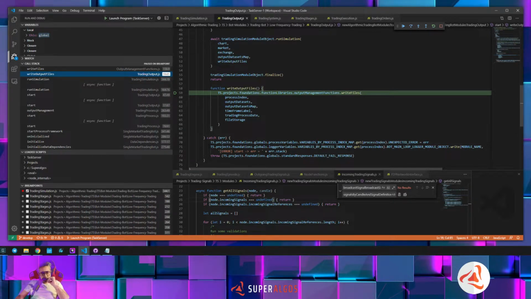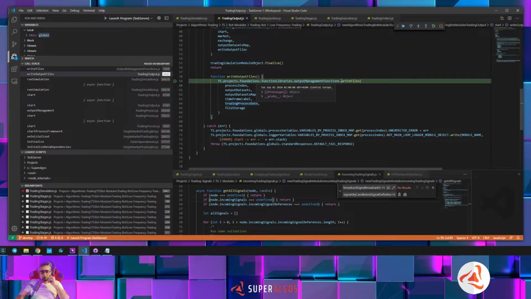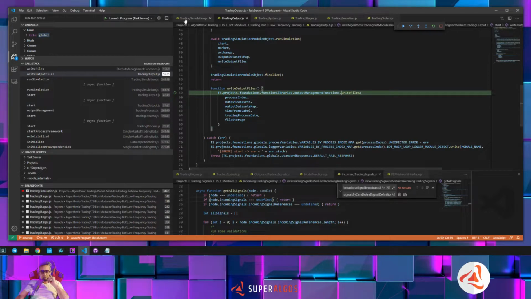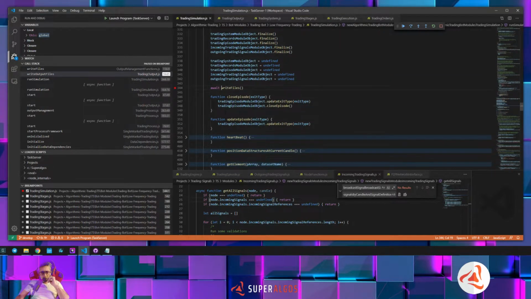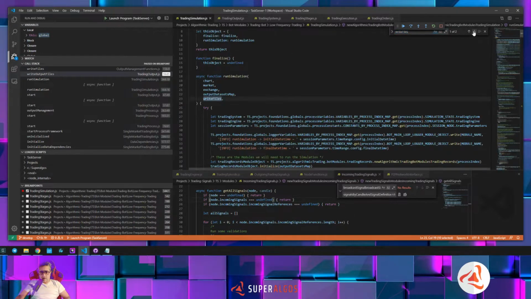I see something not very good here. That we're calling this function without an await, these write files. And these write output files. So we are awaiting these write files. Okay.